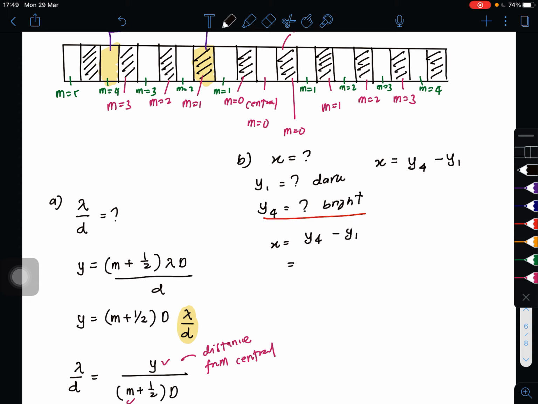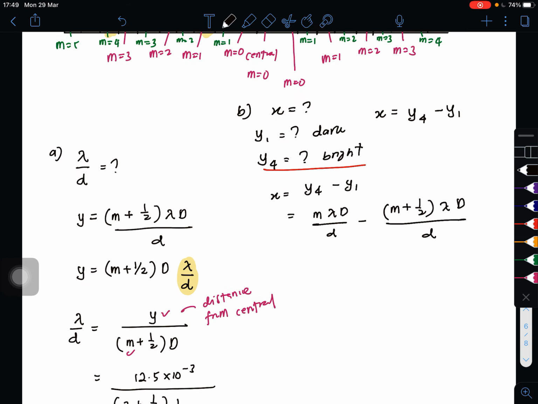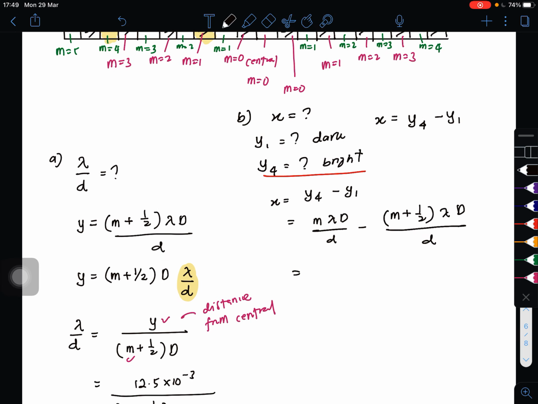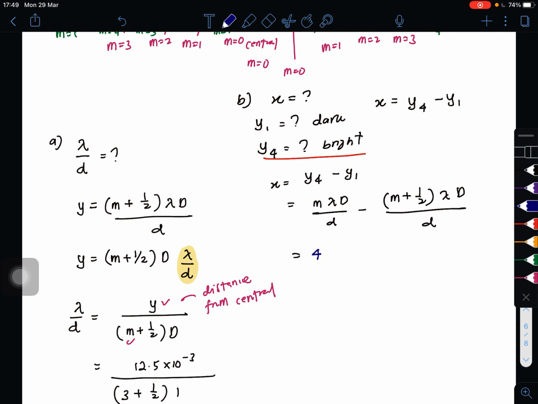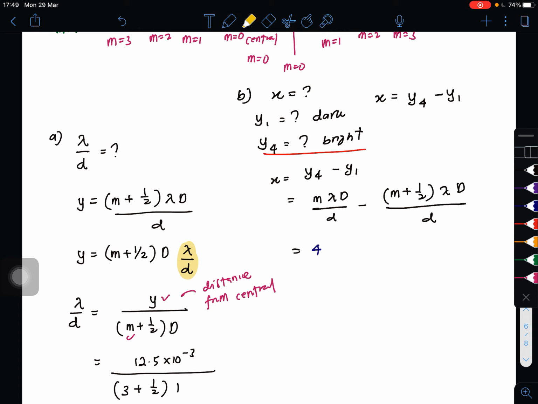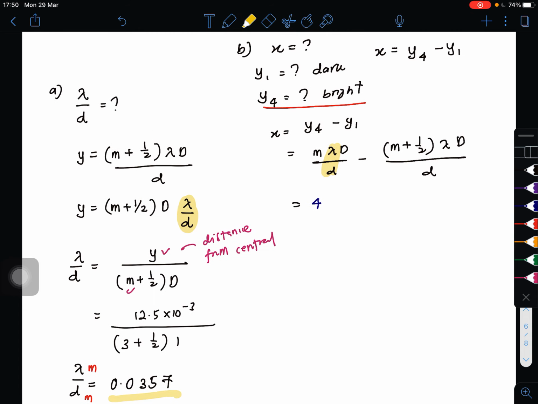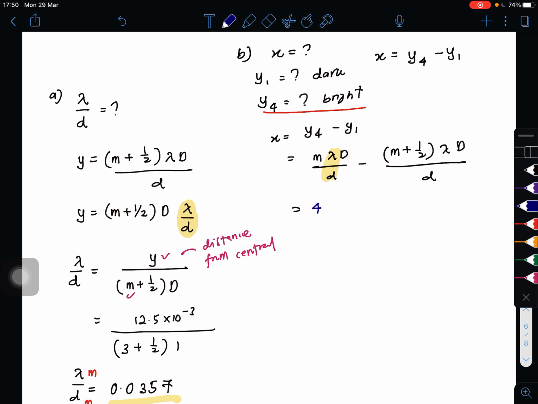So kita akan gunakan M lambda D over d minus, and then Y1 ni adalah untuk dark. So gunakan formula untuk dark pula, M plus 1 over 2 lambda D over d. So dekat sini, okay, Y4, M is 4, and then lambda over d is this value kat sini. So just masukkan.